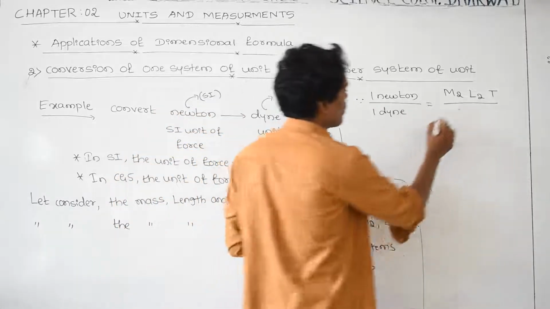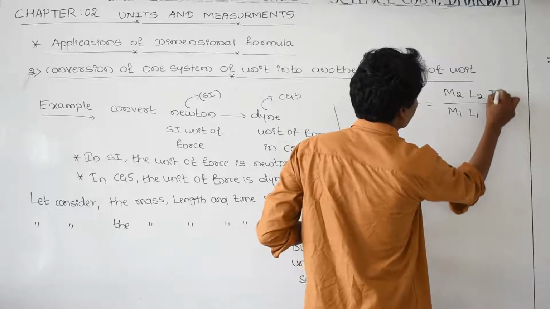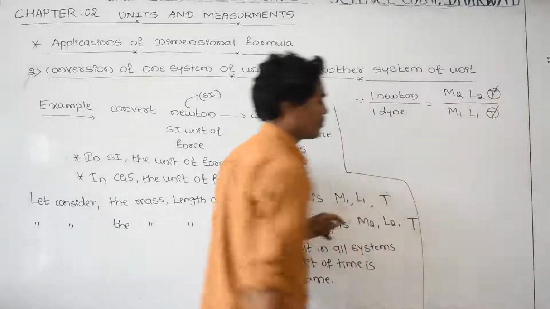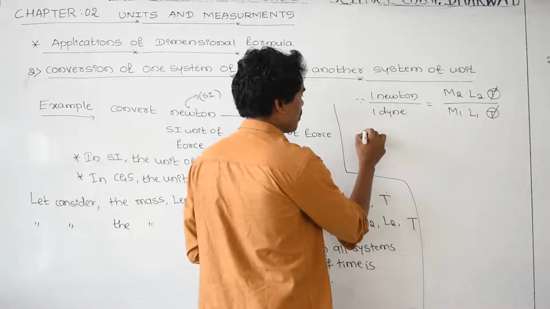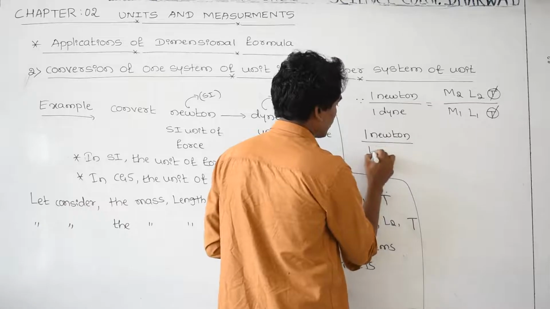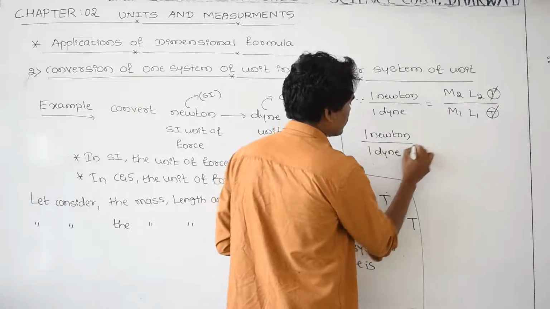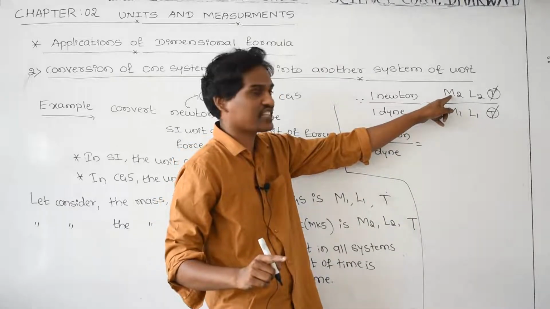Here T and T get cancelled. Next, 1 Newton divided by 1 dyne is equal to, this is in which system? This is in the SI system.